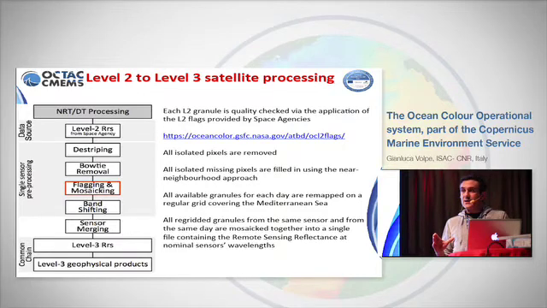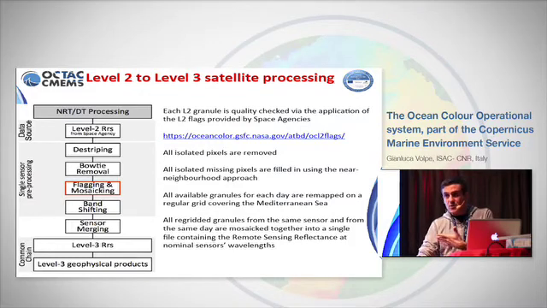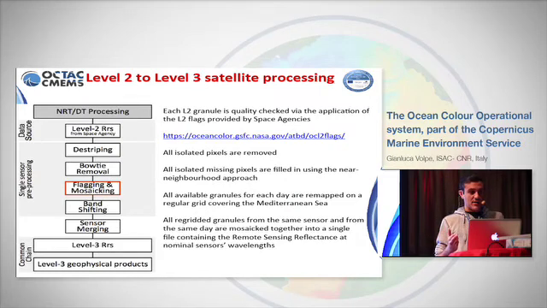These level 2 flags are simply coded conditions of the single pixel acquisition. So you can discard all the coastal pixels, for example, or all the pixels affected by very thin clouds, which you can still look through, but the quality of the product is not very high.